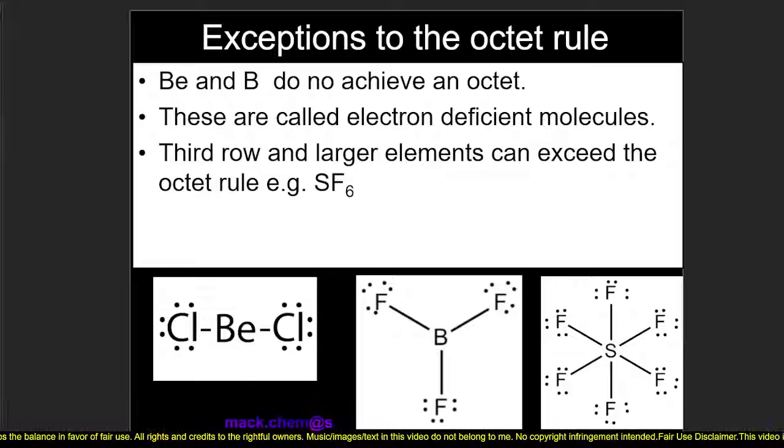We look at two examples of molecules formed by boron and beryllium. This is boron trifluoride, that's BF3, and beryllium dichloride, which is BeCl2.